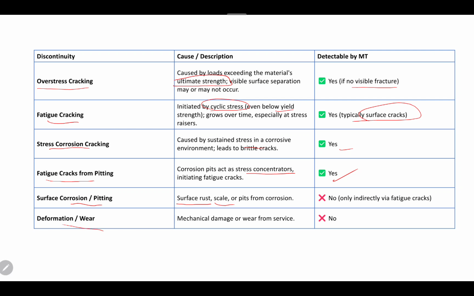Deformation or wear. Mechanical damage or wear from service is not detectable by MT. However, flux leakage testing can detect material loss such as corrosion in wire ropes.